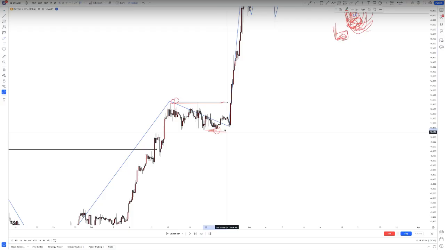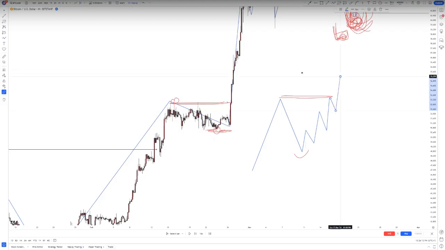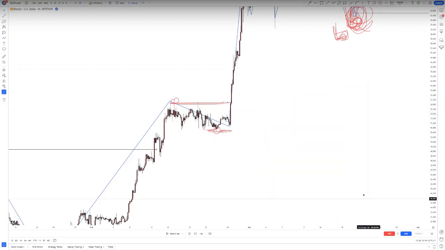For this low to be valid, it must break above the high that printed it. In bullish market structure, if a low printed a high, printed a low, and price starts buying, for the low to be a valid low, it must break above the high that printed it. That is what will now lead to a break of structure.